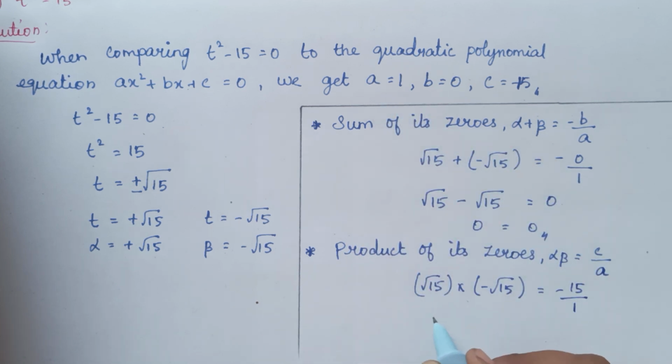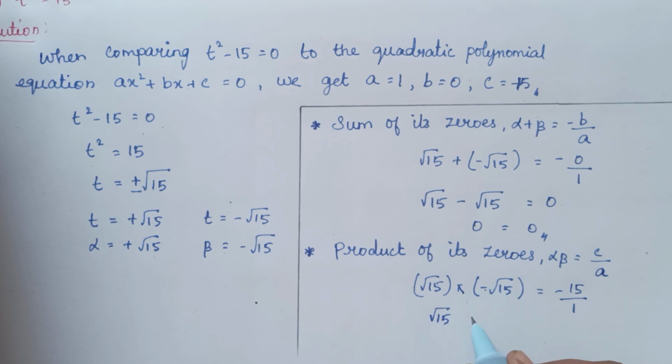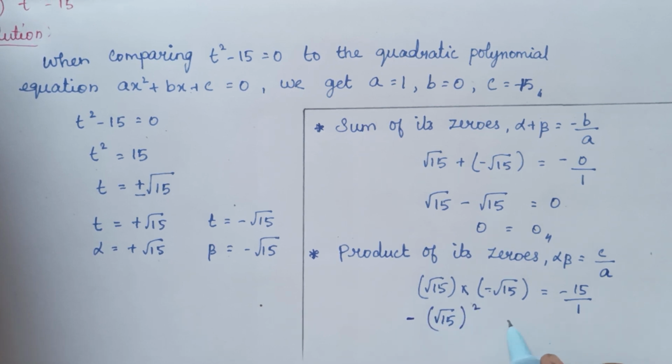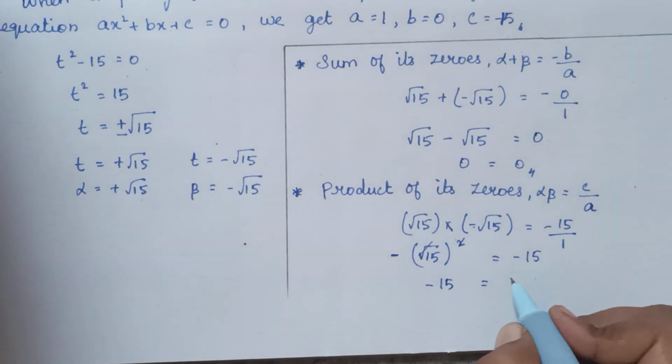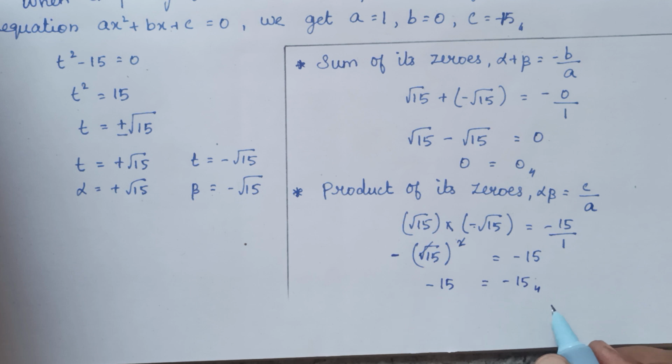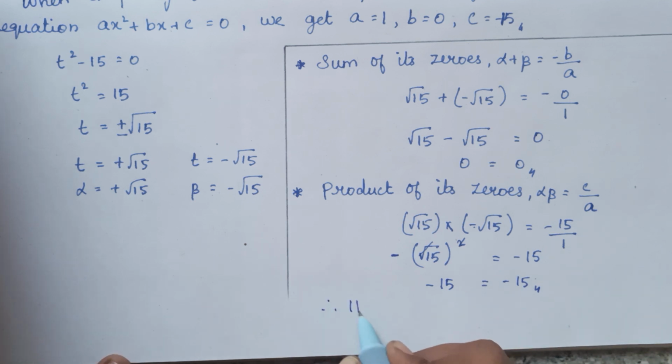Now root 15 plus into minus, multiply the sign, plus minus, we can take minus as common, so root 15 the square, okay, equal to minus 15. So square and root will be cancelled, so remaining minus 15 will be there, is equal to minus 15. So both the sides are equal, therefore hence it is verified.